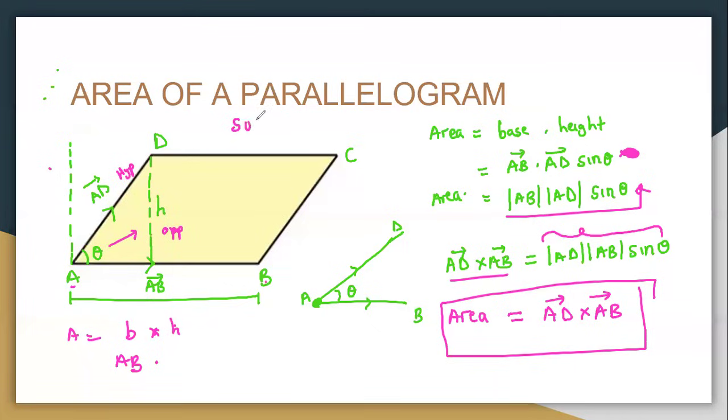And when we go back to SOHCAHTOA, we know that sine of any angle is given by opposite over the hypotenuse. So your opposite is the height. Your hypotenuse is this side here, which is AD, equals sine of theta. But since we are interested in H, we cross multiply and we end up with H equals AD sine of theta. So where there is H, you put AD sine of theta. So that's where it comes from.